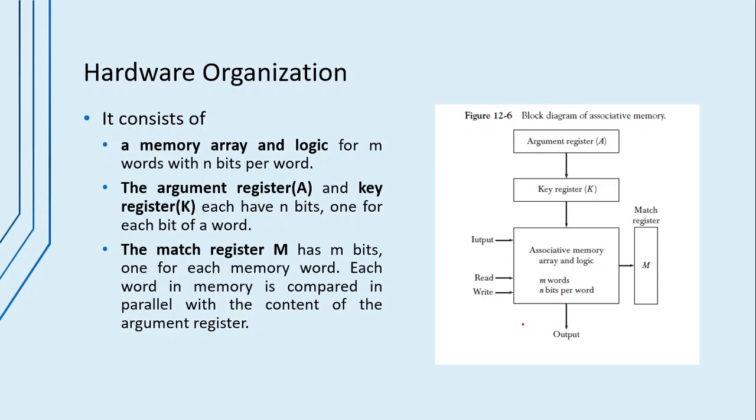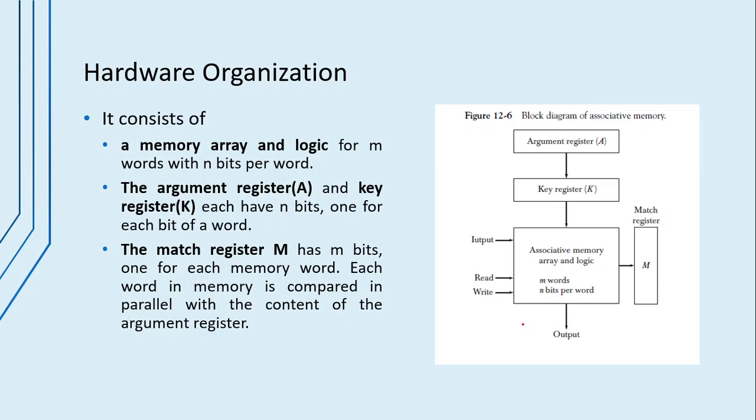So the CAM is designed to search its entire memory in a single operation. So it is much faster than RAM in virtually all search applications. The cost of associative memory is greater than RAM, because each cell has a storage capability as well as logic circuits for matching its content.